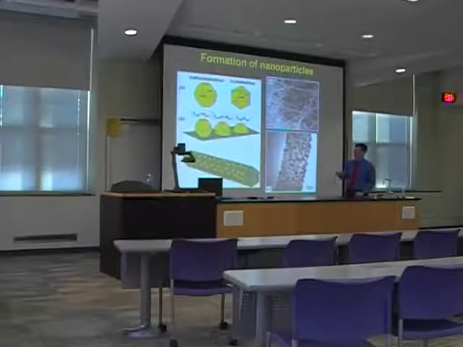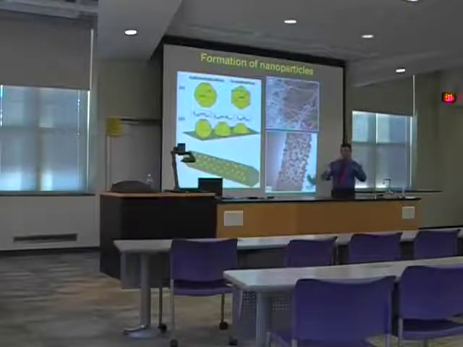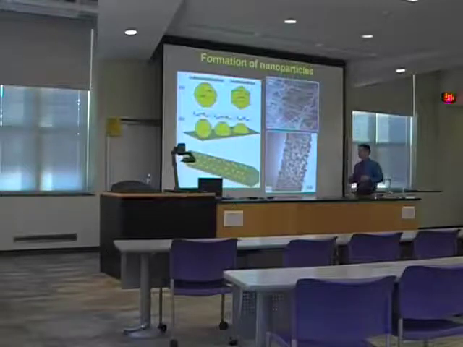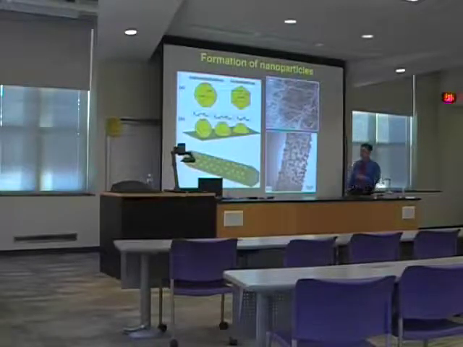And this is where gold nanoparticles come into play. So gold nanoparticles absorb all sorts of gases very efficiently, and they work as a transmitter between the chemicals in the environment and the electrical properties of nanowires.